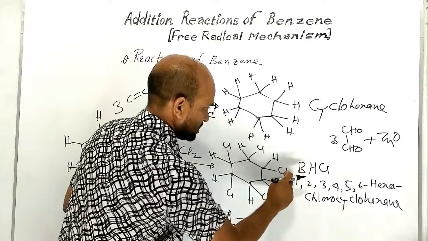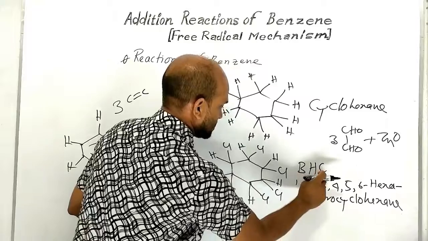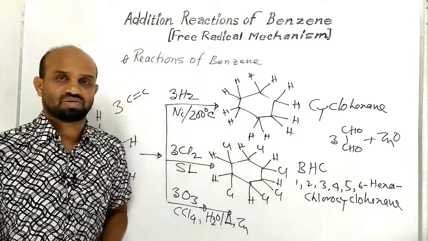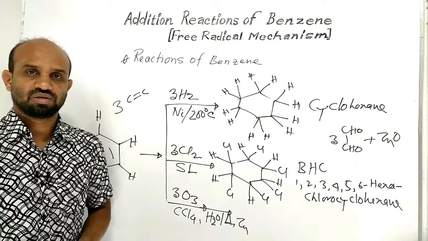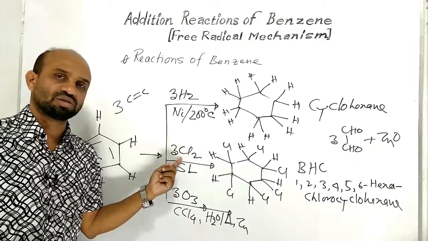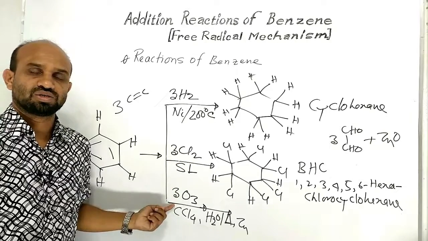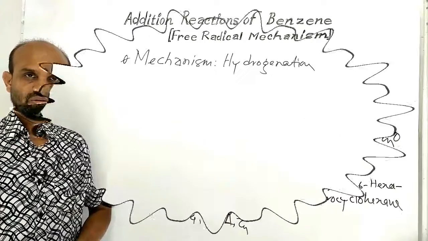This is benzene hexachloride, BHC. These are the addition reactions of benzene, that is hydrogenation, chlorination and ozonolysis of benzene. Now let's see the mechanism of these reactions.